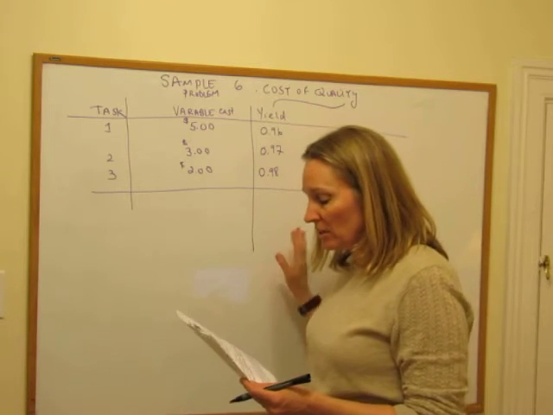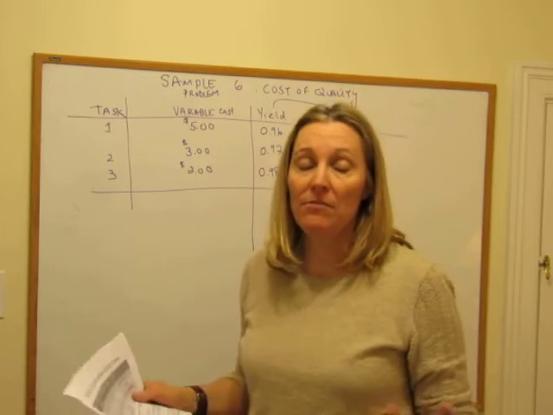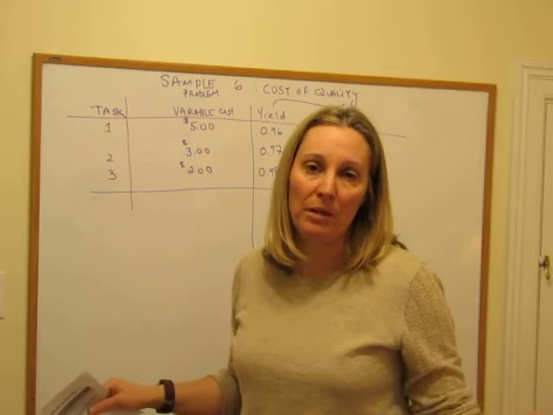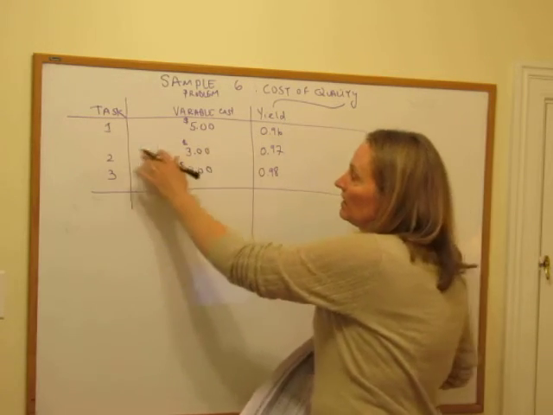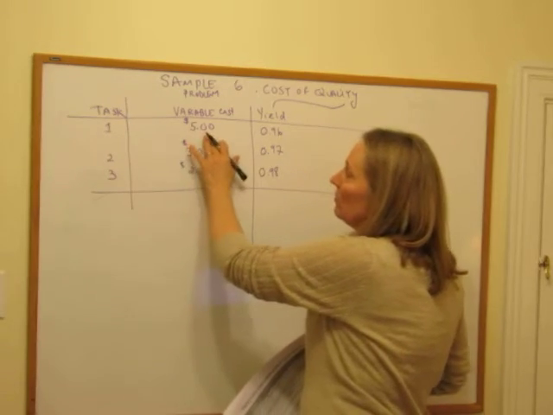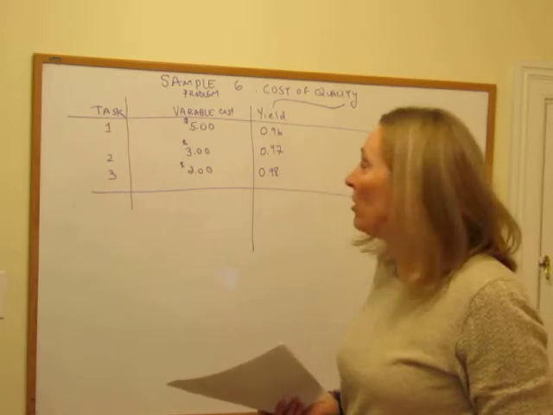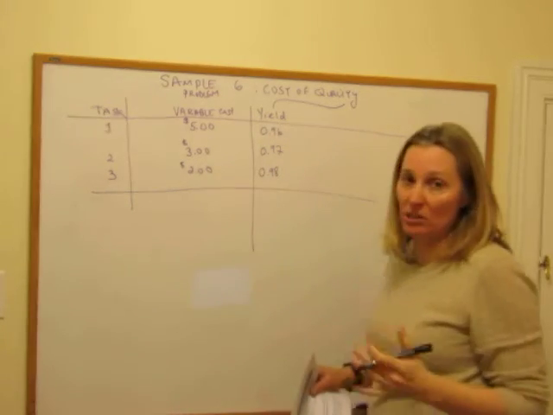And inspection in this first problem is done at the end of each step, and defective units are completely scrapped. We're assuming that they can't be reworked, that they get thrown away. Okay, so at task 1, we put $5 worth of materials and labor into each part, but unfortunately only 96% of them are actually good.